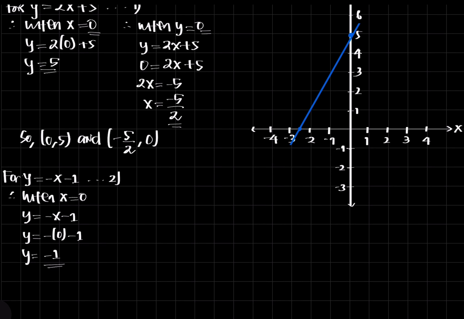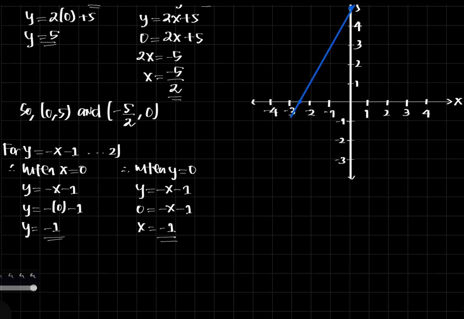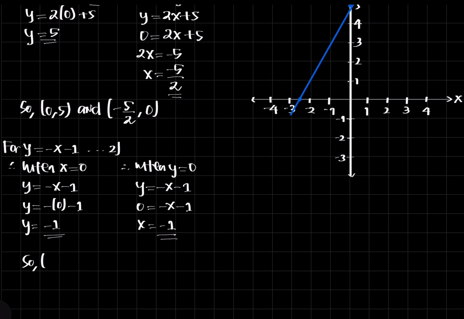And when y equals 0, then 0 equals negative x minus 1. So x equals negative 1. So we have the coordinates 0 comma negative 1, and negative 1 comma 0.